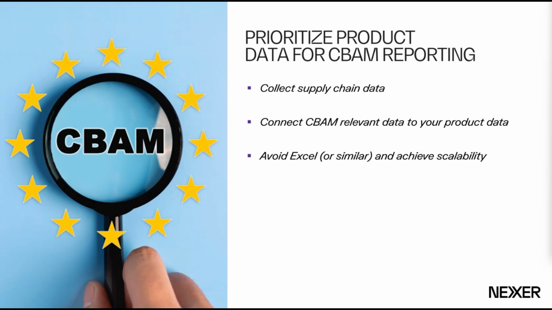Likely move away from handling this through different reports in Excel or similar tools, and thereby build a more robust structure for this data that you want to bring together. And thereby, with a high level of trust in the data, you're also boosting the efficiency of actually reporting this on a quarterly basis.